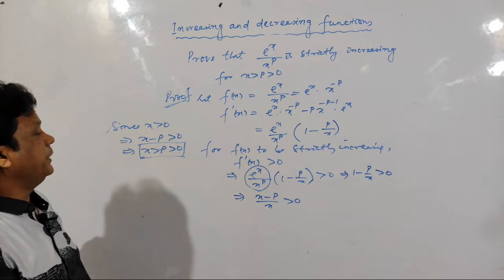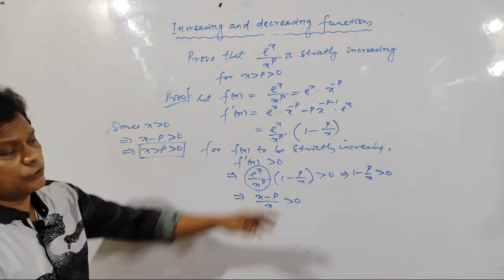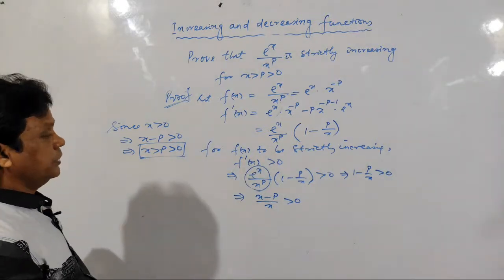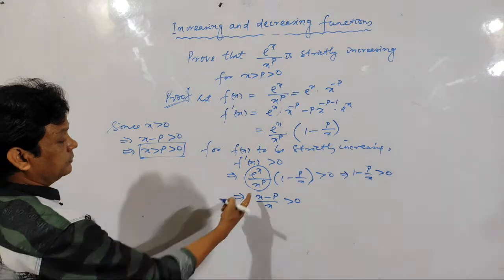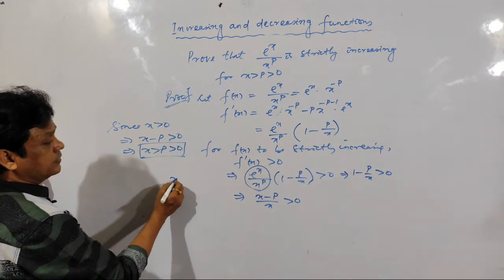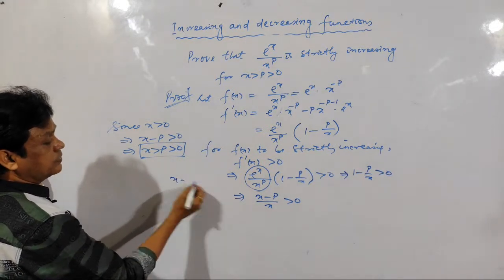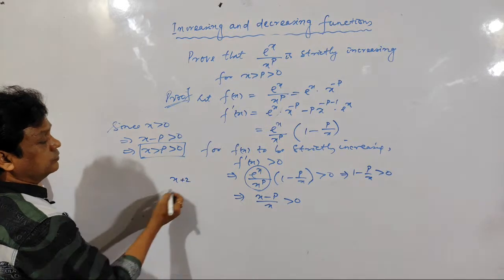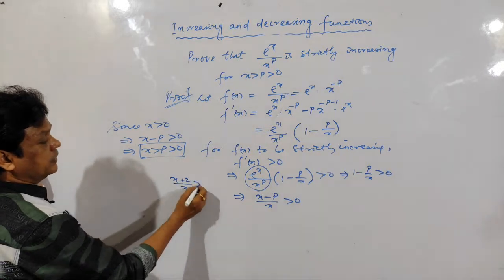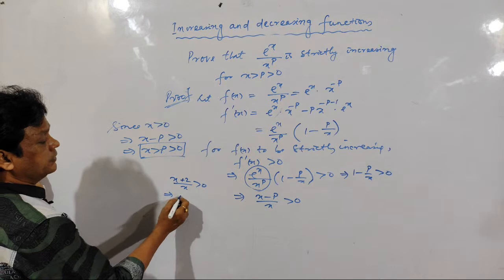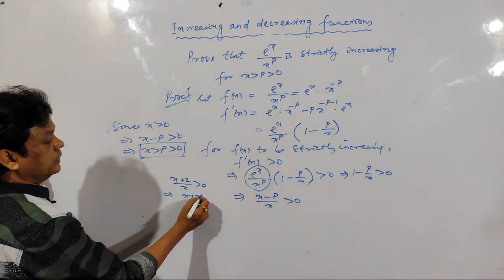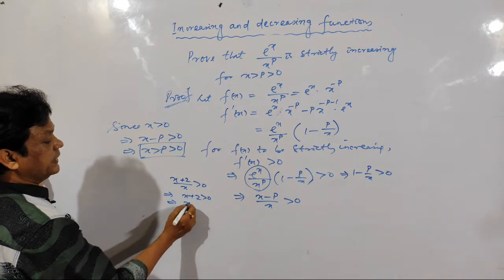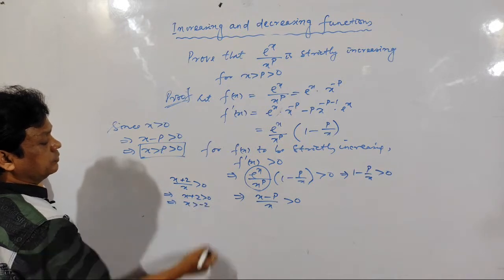For example, if p is negative, let us take p equal to minus 2. Then what will happen? x minus of minus 2, that means x plus 2 by x is greater than 0. Since x is positive, x plus 2 is greater than 0. That means x should be greater than minus 2.